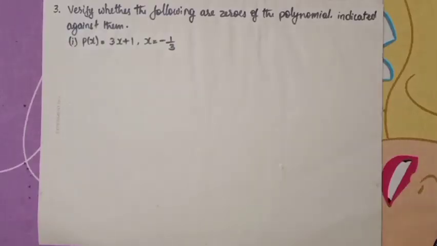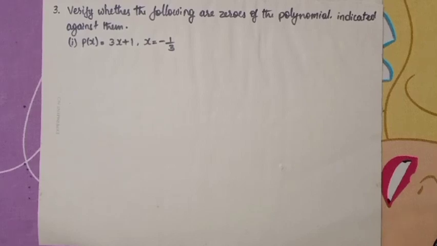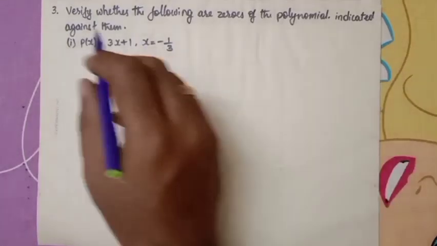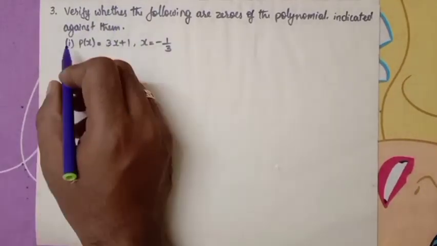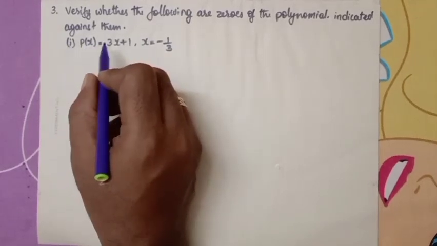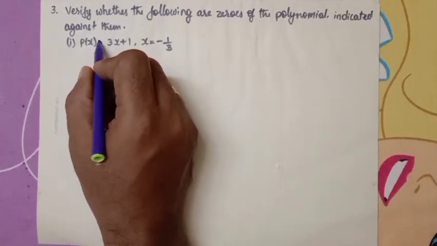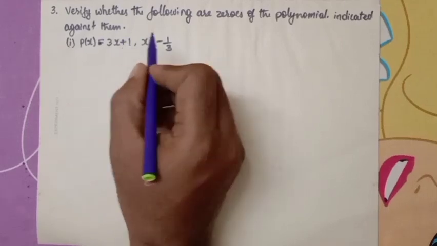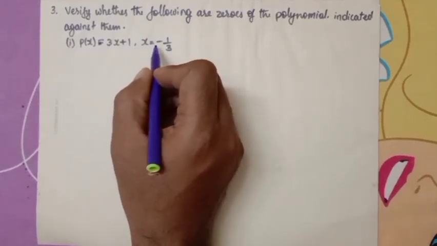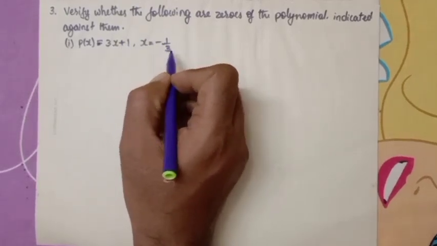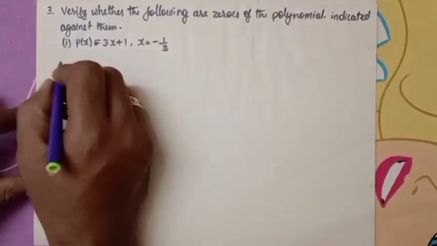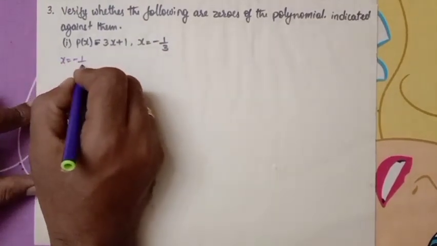Verify whether the following are zeros of the polynomial indicated against them. The first problem is p of x is equal to 3x plus 1 at x is equal to minus 1 by 3. So x is equal to minus 1 by 3.